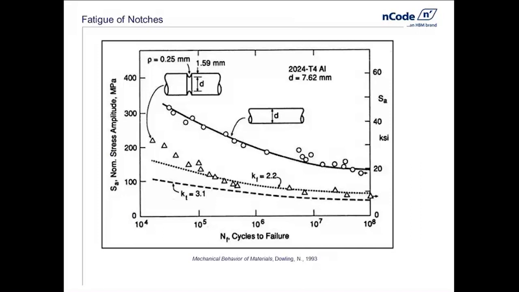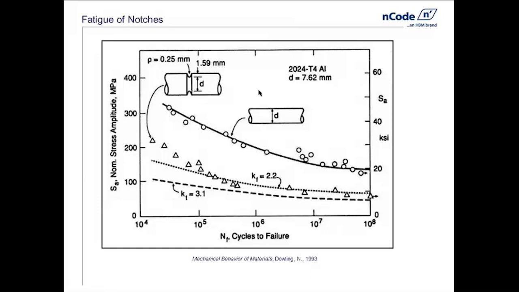What we mean by that is, in this particular display here, I have a fatigue test of a smooth shaft, and it gives me the fatigue behavior of that pure material with no stress risers.